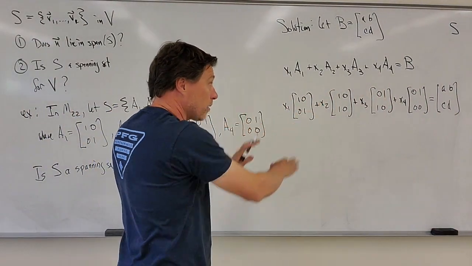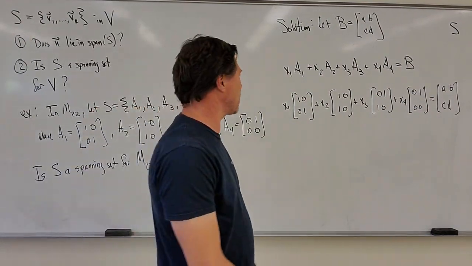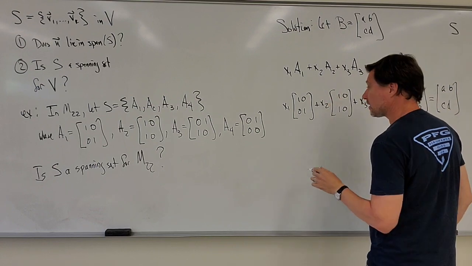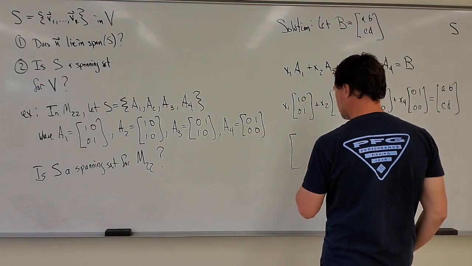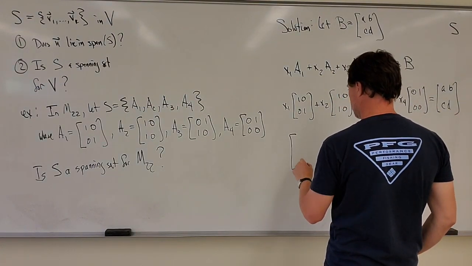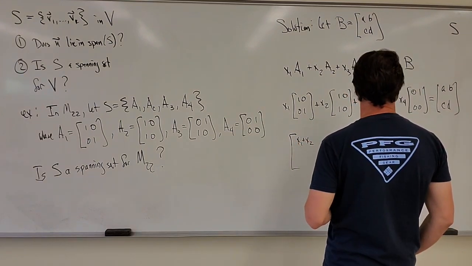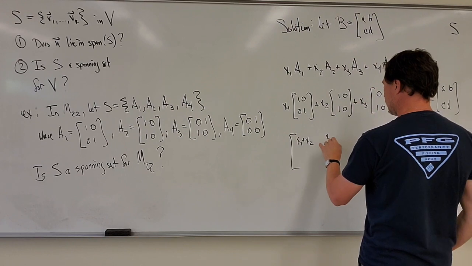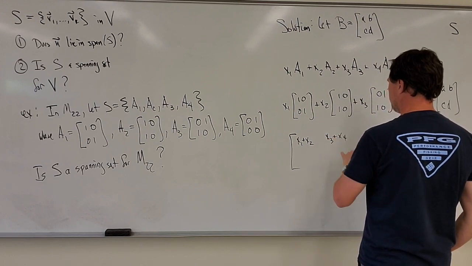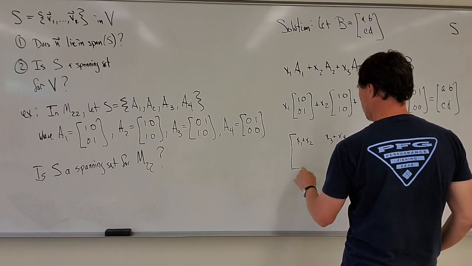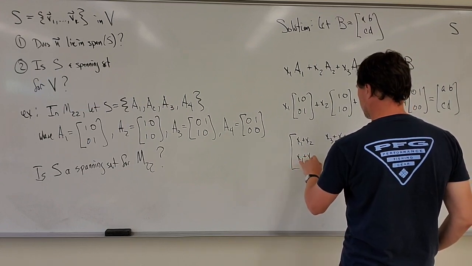All right, so here's the equation that I need to solve, and I'd like to actually combine all the stuff on the left-hand side into a single matrix so we can see what we're looking at. So let's see, we'll have an x1 plus x2, then we'll have an x3 plus x4. We will have an x1 plus x3.